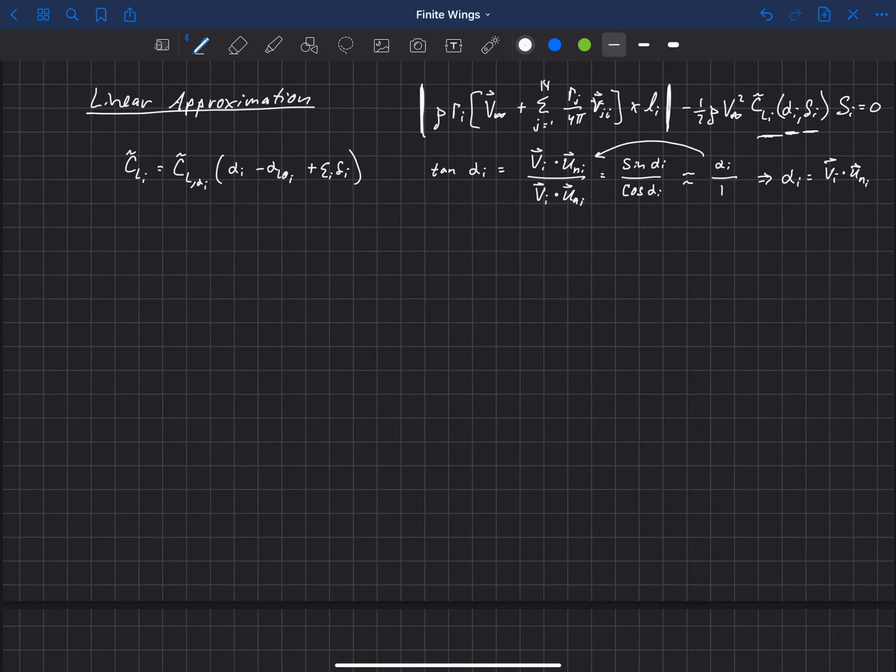So that's an approximation for the angle of attack. That helps get some of the nonlinearity out of this equation.